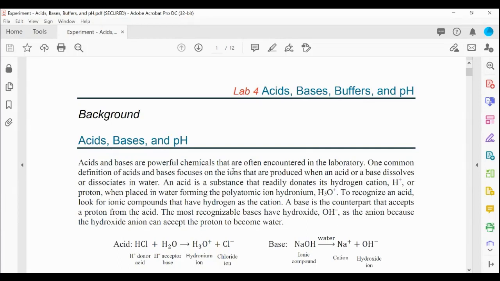Number 3, we are going to observe the effect of adding an acid or a base to buffers and unbuffered solutions. And the last thing we're going to learn today is to perform a titration of acetic acid in vinegar, and we are going to calculate the molarity and mass volume percent. So we have a lot to learn.